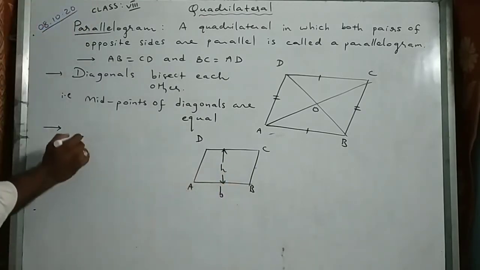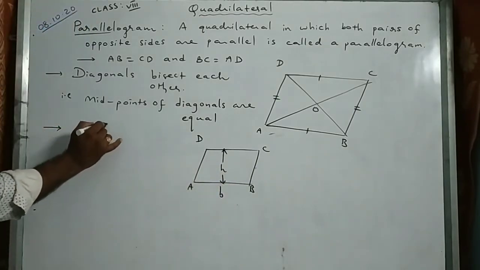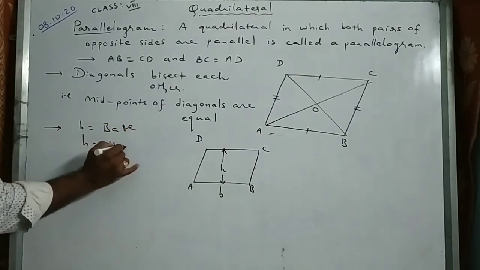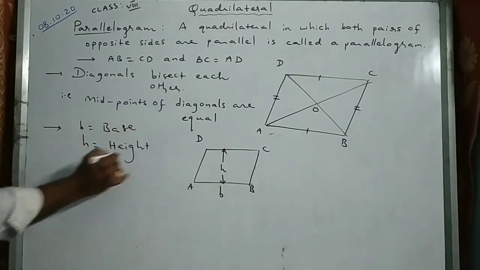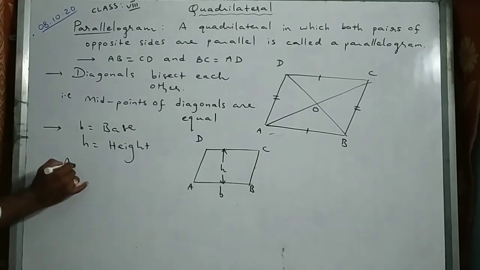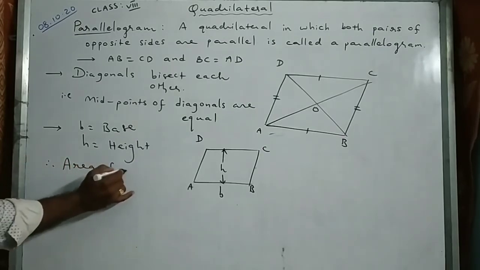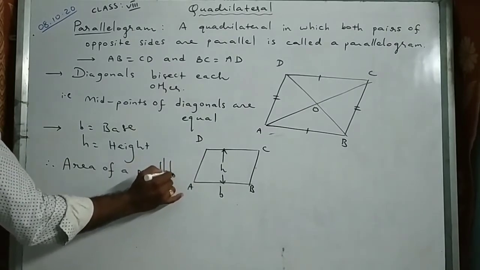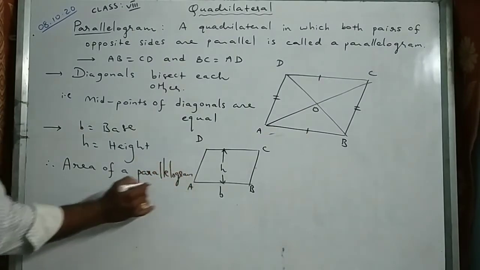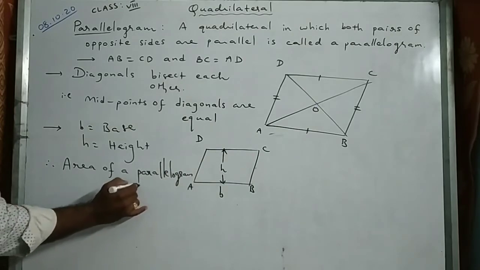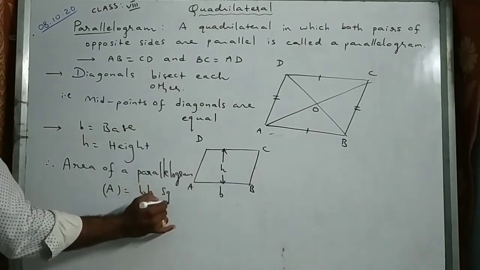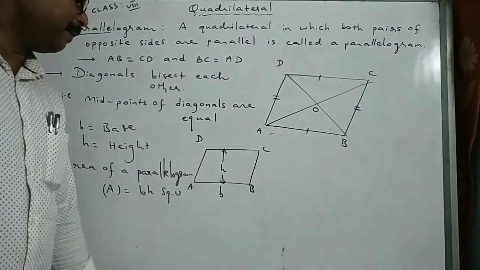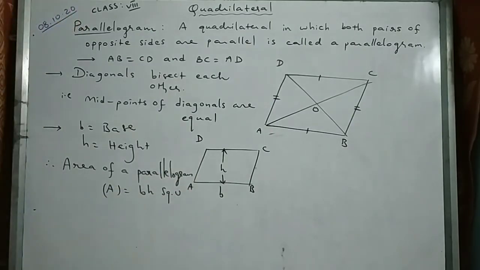So b equals base and h equals height. Then the area of a parallelogram, A, equals base into height, square units. Simple formula this is: base into height.